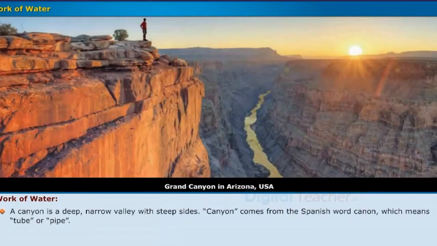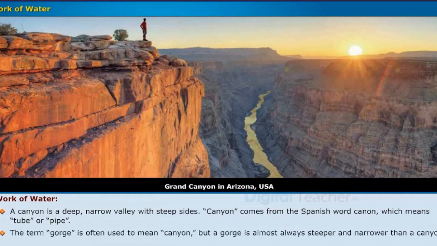A canyon is a deep, narrow valley with steep sides. Canyon comes from the Spanish word canon, which means tube or pipe. The term gorge is often used to mean canyon, but a gorge is almost always steeper and narrower than a canyon.